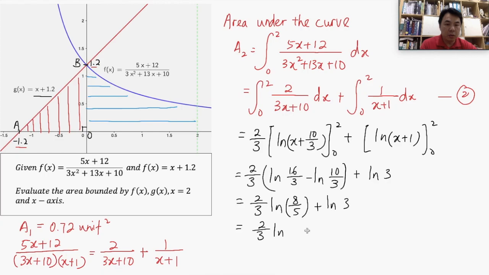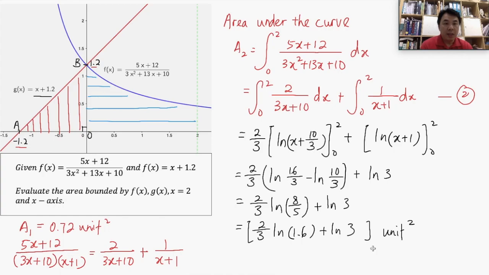For instance, some of you may like this, ln 1.6 plus ln 3. Now this will be the area underneath the curve, the blue region here, and I will write this down as unit squared. I hope that is of help to your integration technique.